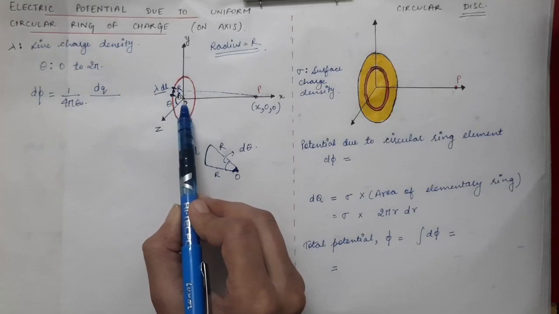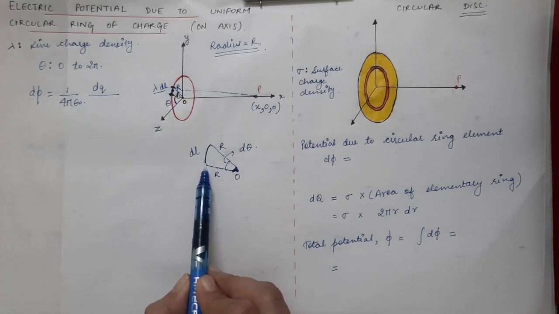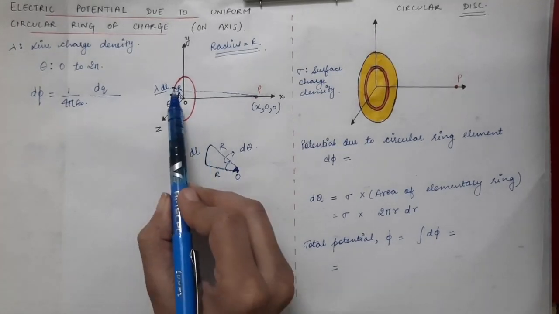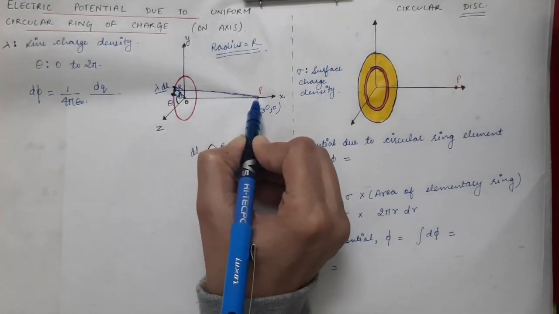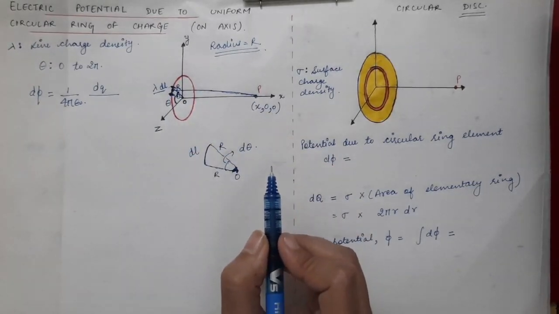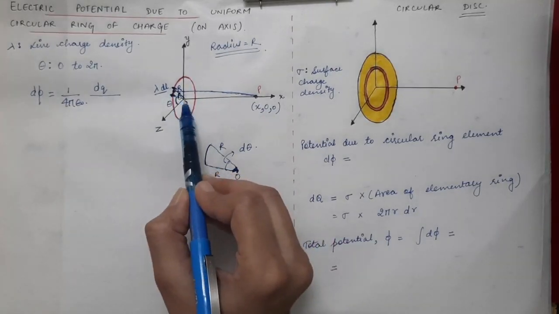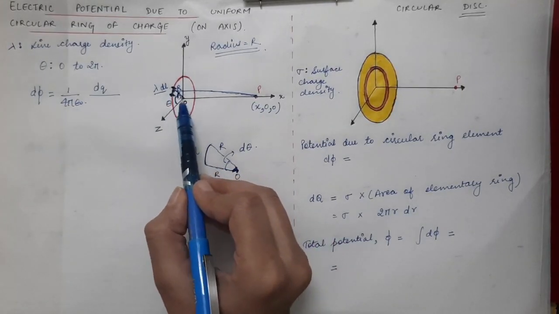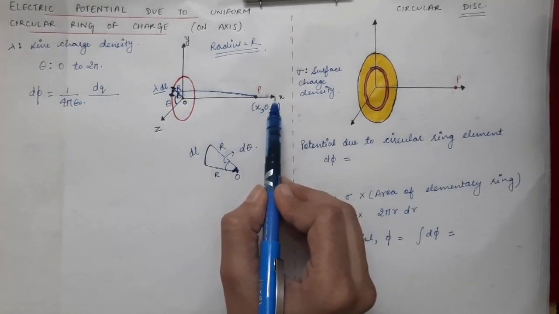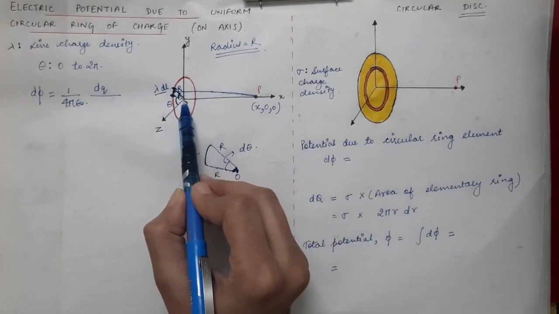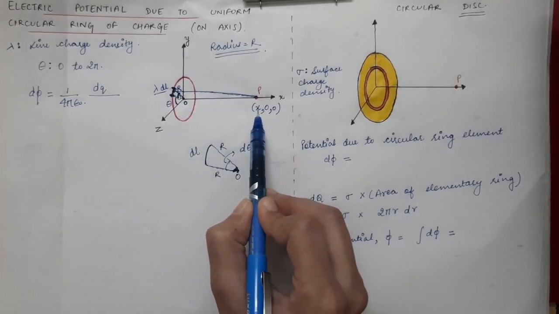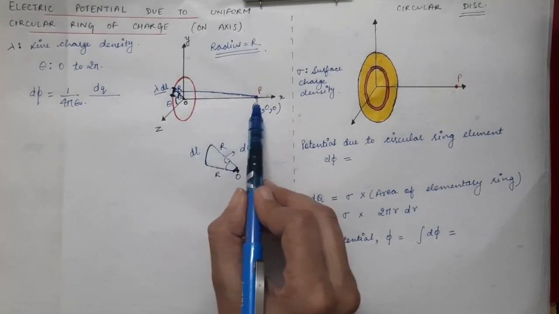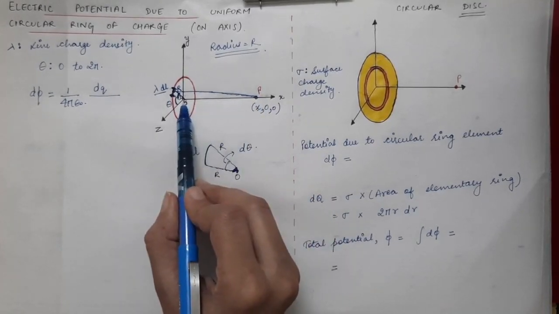Here we have drawn this length on the plane of the circular ring, which is equal to the radius. This was the radius and this is also the radius. This particular slanting length will be the hypotenuse of a triangle. This length is equal to the radius R, and this length is equal to x, since the observation point is at x distance from the center of the circular ring.